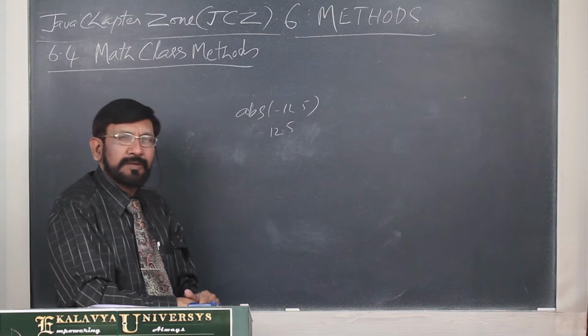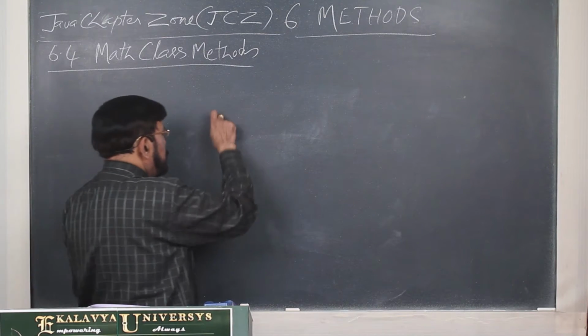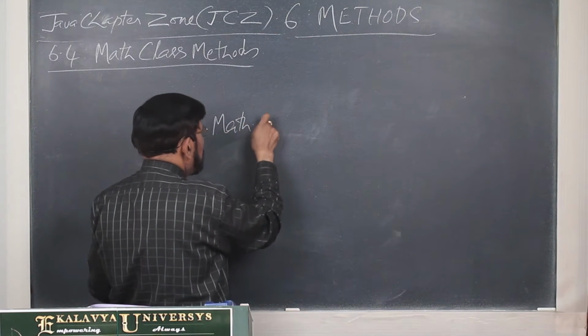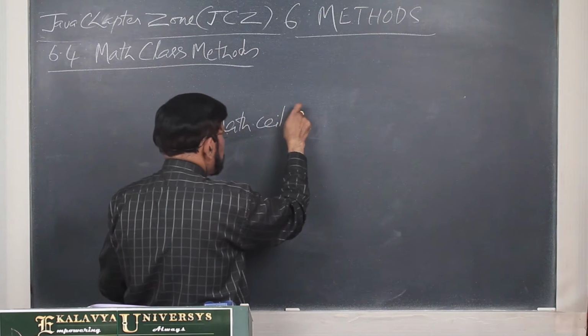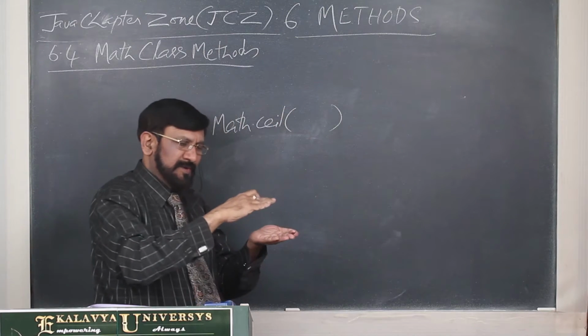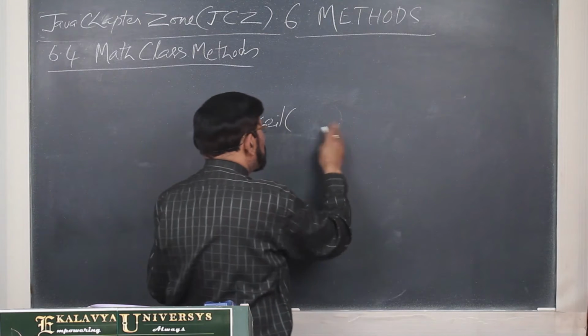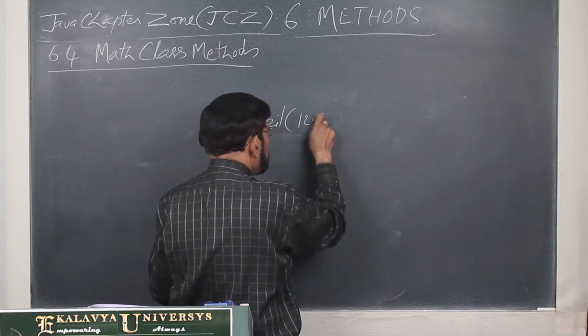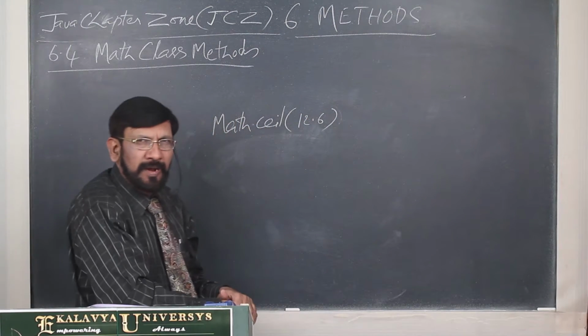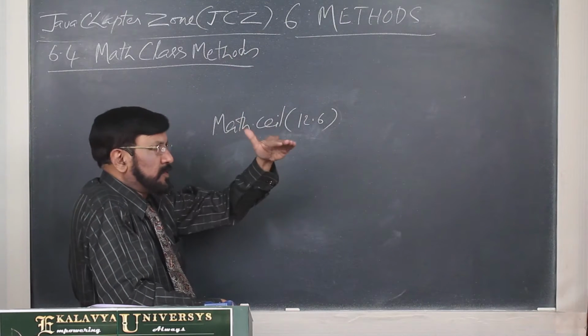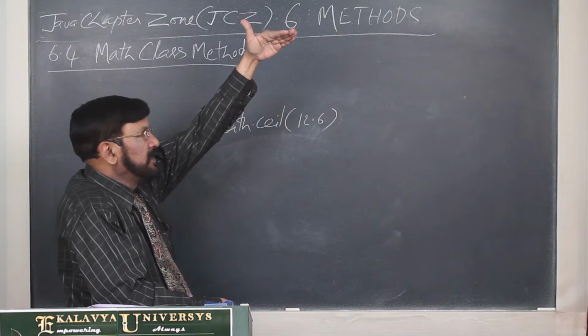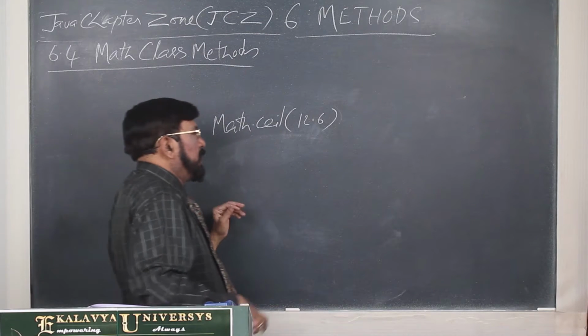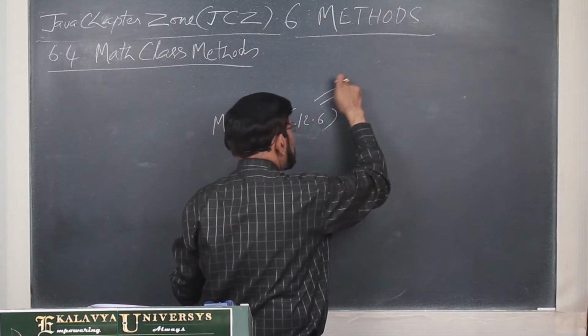That is absolute value. Next, the Math.ceil method. Always understand ceiling. Suppose you have given 12.6. The ceiling of 12.6 is the higher integer, which comes to 13.